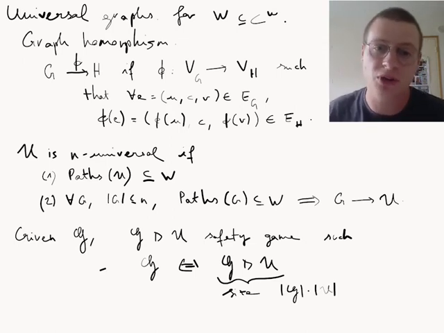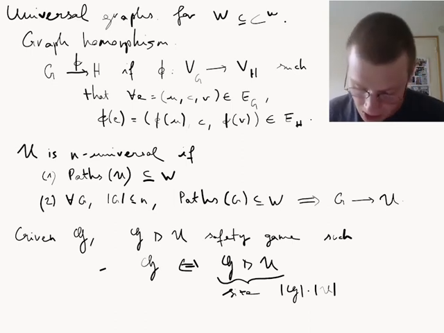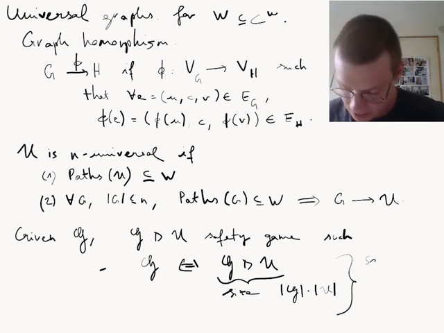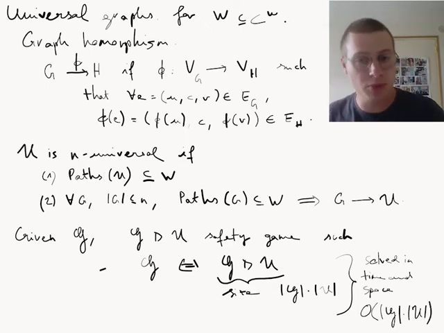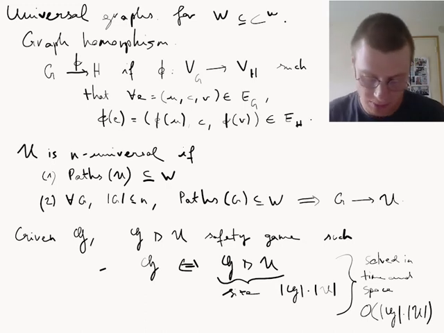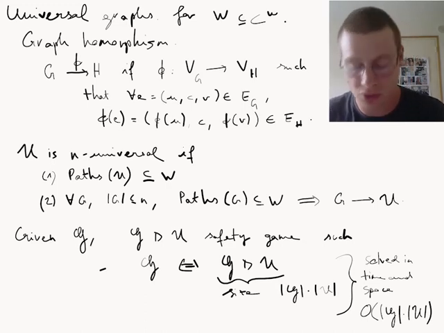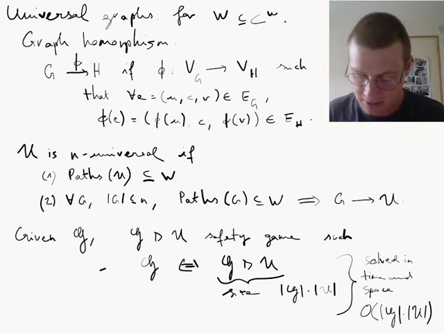This game, as we said, has size of G times size of U, and it's a safety game. Safety games are quite easy to solve. This can be solved in time and also space O of the size of the game, so G times U. So this gives us a procedure to solve game G once we have a universal graph: build this safety game and then solve it in this complexity.